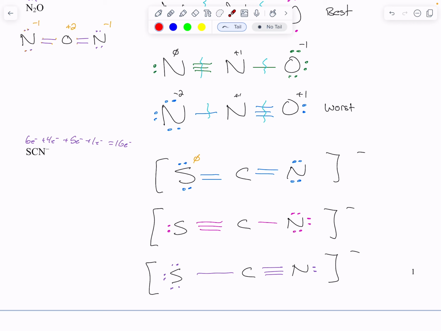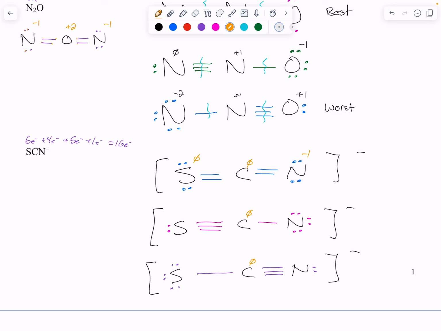Carbon's the same in all of them, right? And carbon has 4 and brought in 4. Carbon is actually 0 in all of them, which is nice. So that's consistent. All right, back to the blue one. Nitrogen. 1, 2, 3, 4, 5, 6. Nitrogen has 6, brought in 5, so it's formally minus 1.